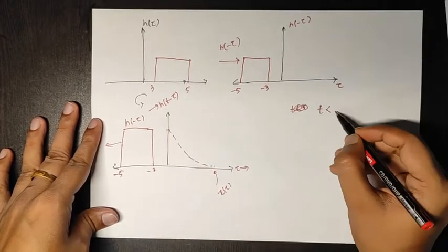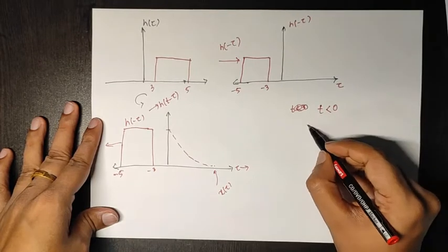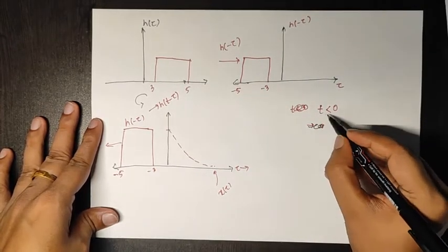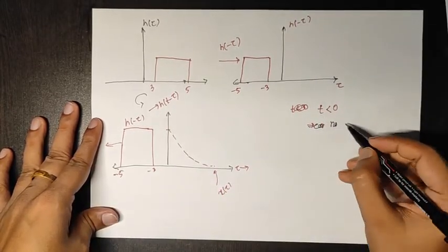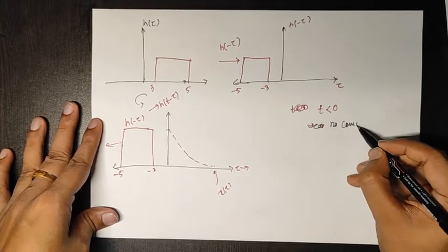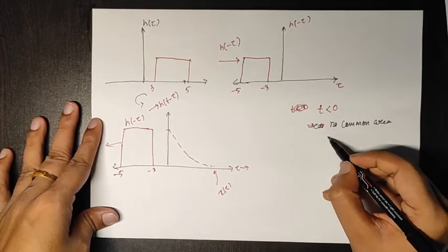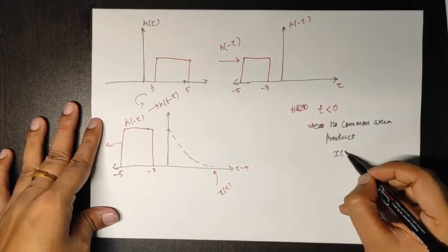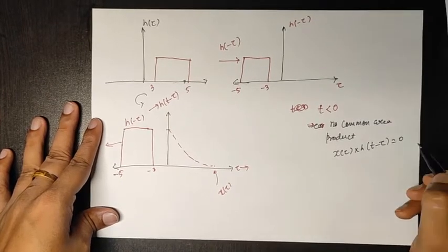For any value of t less than 0, there is no common area product. That means the product x of tau into h of t minus tau will be 0 because there is no intersection.